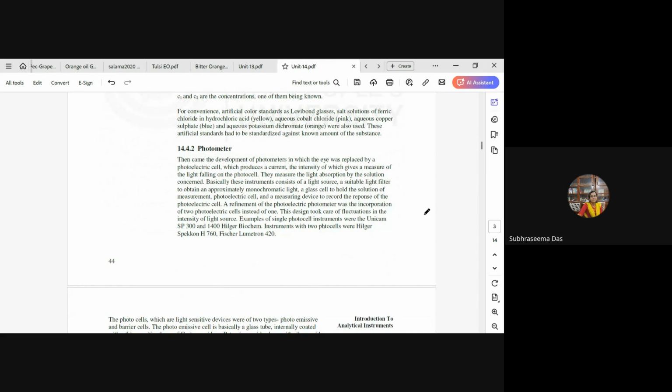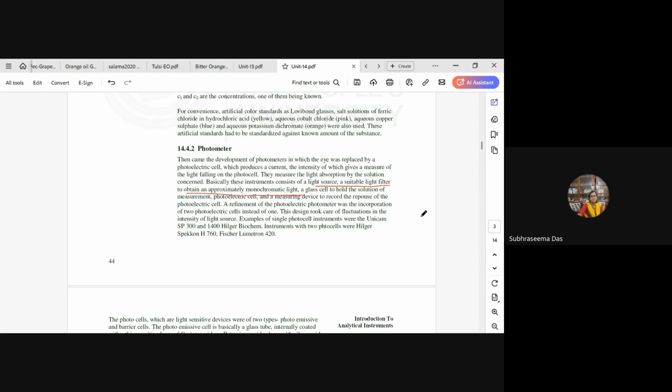Then comes the photometer. The photometer measures the amount of light that falls on a photocell. So it measures the light absorption by the solution that is of our interest. Basically the photometer consists of a light source, a suitable light filter to obtain approximately monochromatic light, a glass cell to hold the solution, a photoelectric cell, and a measuring device, mostly the detector, to record the response of the photoelectric cell.